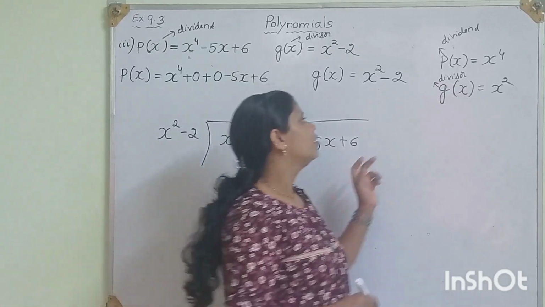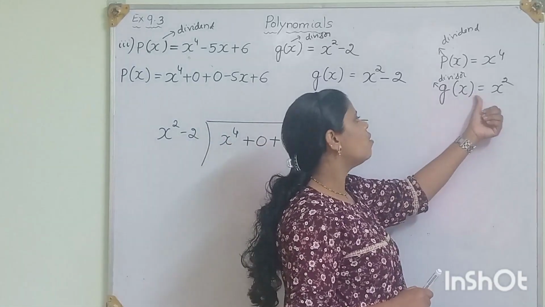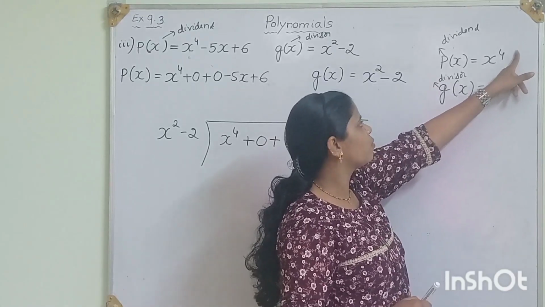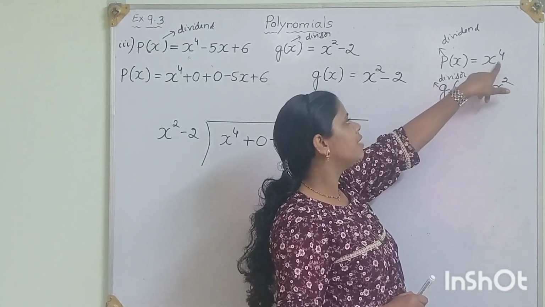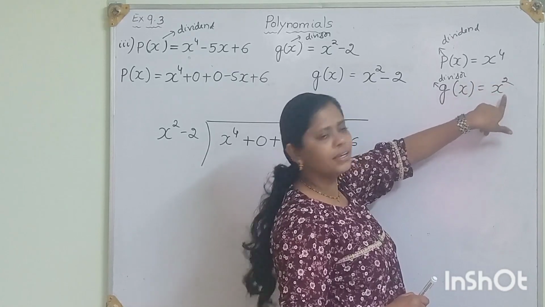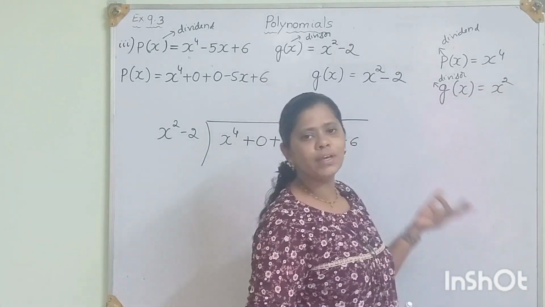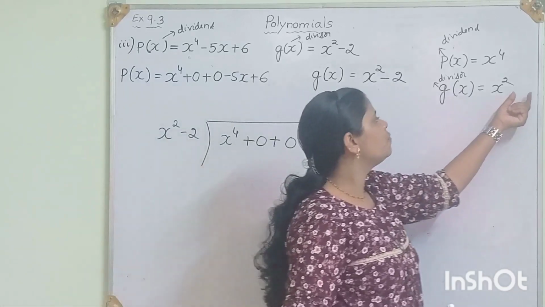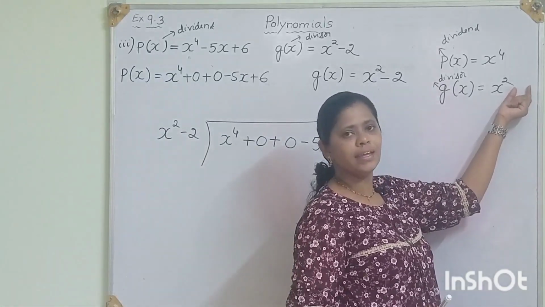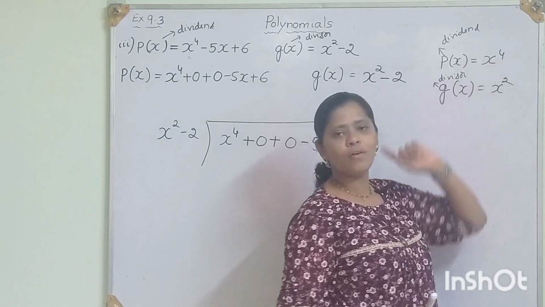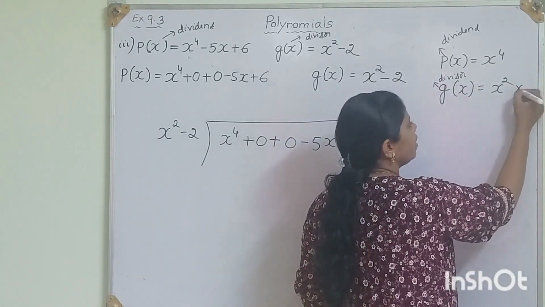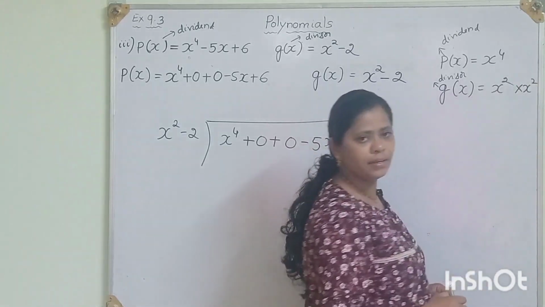Okay. Now look at this. The degree of G of x is x square. Here it is x to the power of 4. The degree of P of x is more compared to G of x, so we can divide, right? Now tell me, what do I have to multiply here to get x to the power of 4 as answer? We have to multiply x square, right?